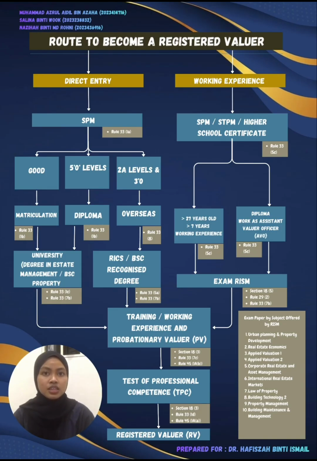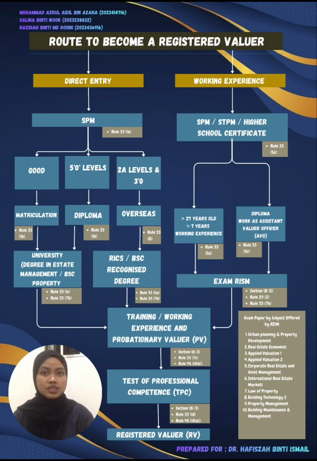After that, candidates may pursue study at a board-recognized overseas institution and pass the intermediate examination, which is equivalent to a diploma. Next, candidates must complete a board-recognized degree such as RICS-accredited or BSc programs in valuation, land and property management, which serve as the final direct examination.